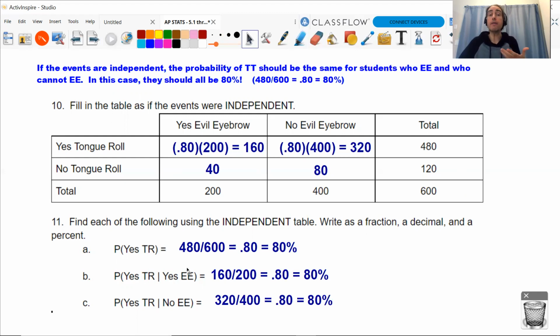Yes tongue roll given yes evil eyebrow, that's 160 out of 200, that's also 80%. And yes tongue roll given no evil eyebrow, again 80%, because we manipulated the numbers in the table to give you that. So this is a scenario where those give you the same percentages, so they would be independent of each other.